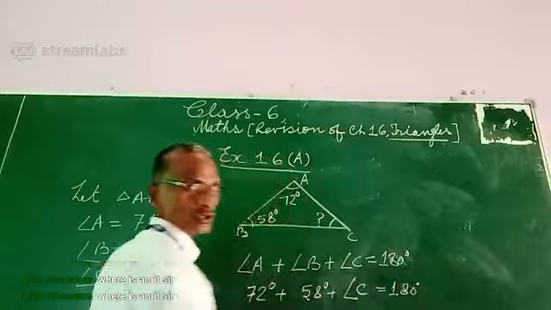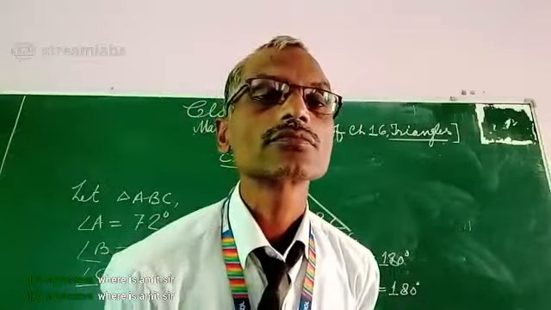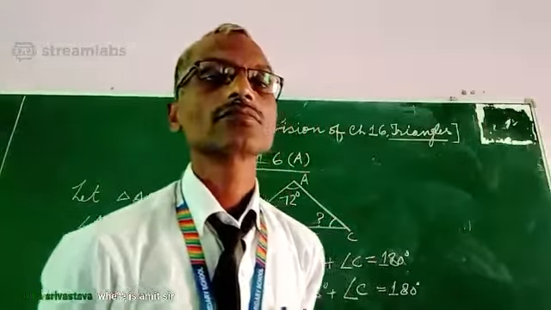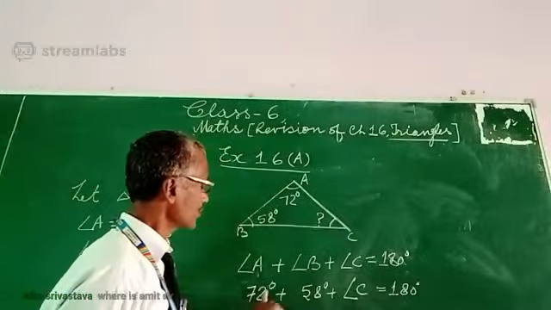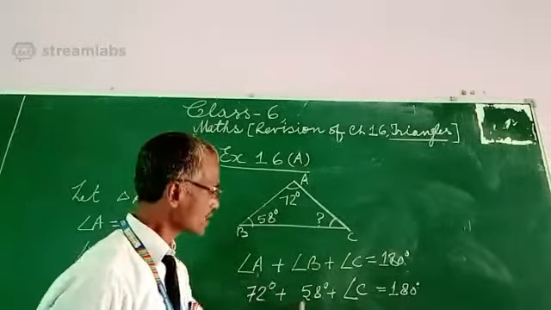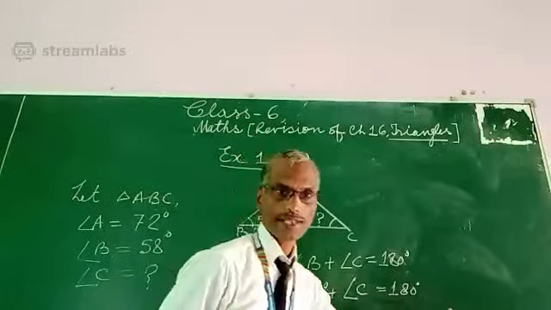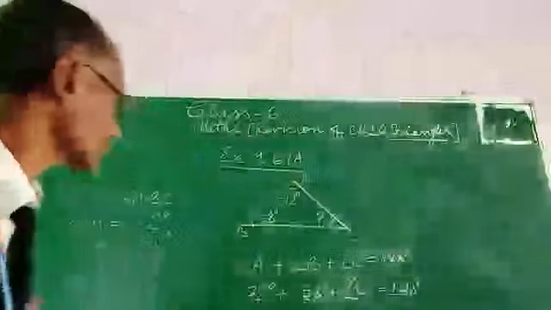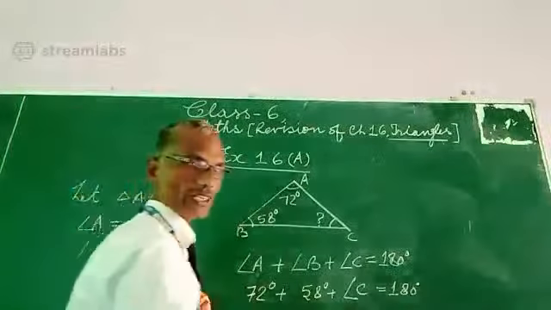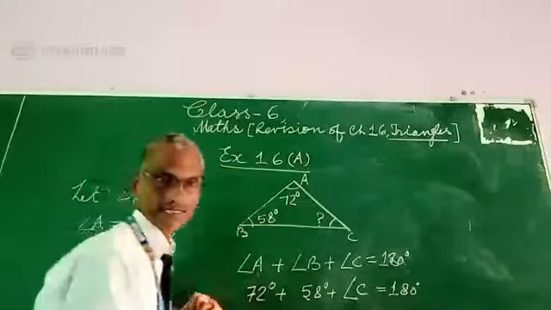So please solve this question and write. Students, please solve: A is 72 degree, B is 58 degree, and plus C is equal to 180. Can you tell me what is the measure of angle C? Please solve and write the correct answer.